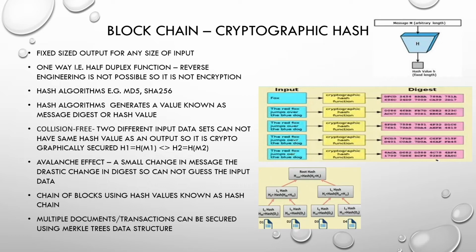The fourth property is the avalanche effect property. This property says that any change in the input value would change the output significantly. That is a great feature. So whenever there is a change in input, there would be a change in the hash value or message digest. You can refer to the middle diagram, where you can see the avalanche effect.